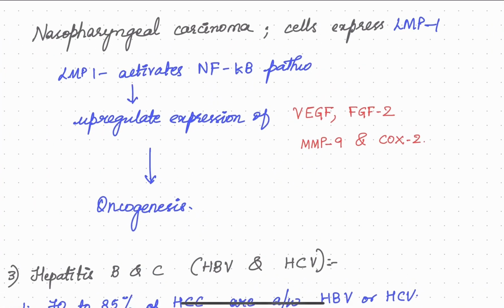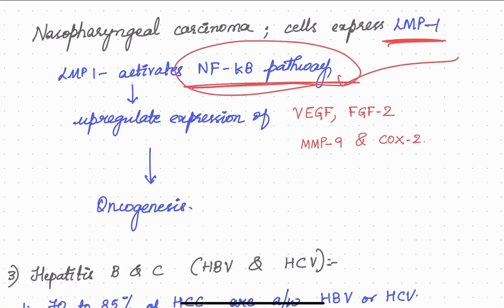In nasopharyngeal carcinoma caused by EBV, the Epstein-Barr virus expresses LMP1. We have known that LMP1 activates certain pathways. Here they activate the NF-kB cell signaling pathway.